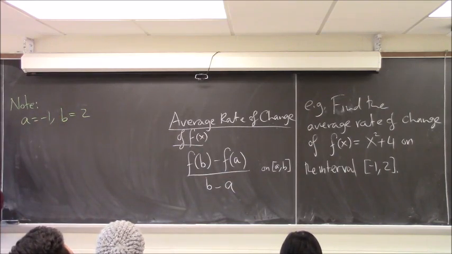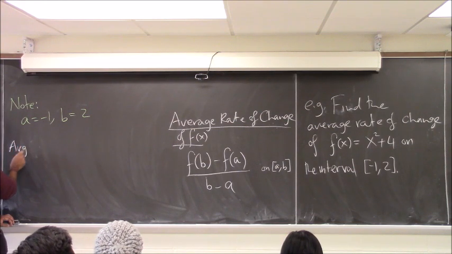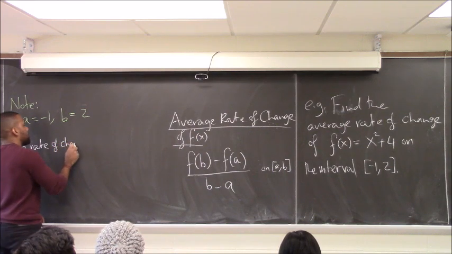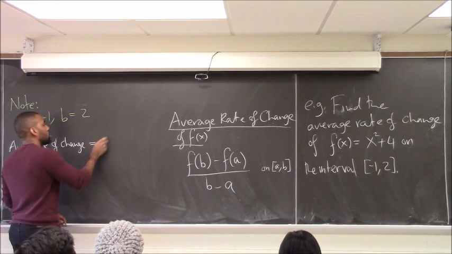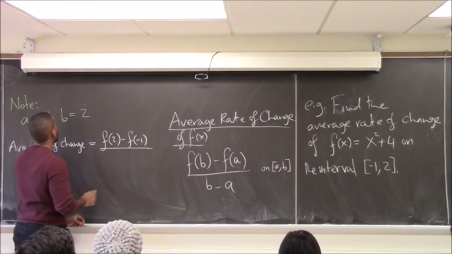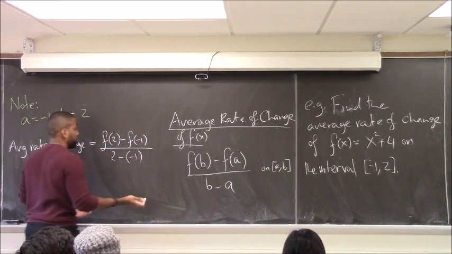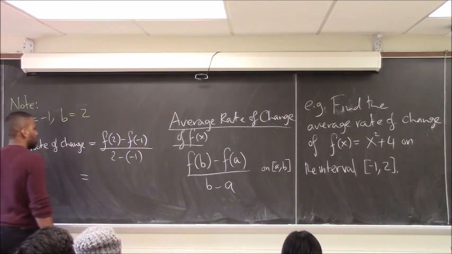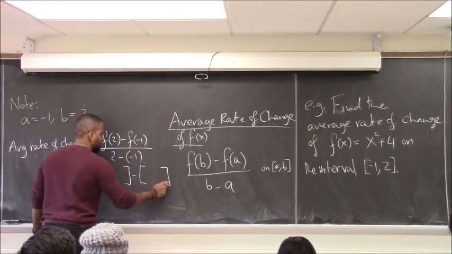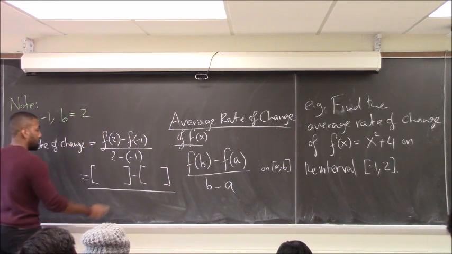And so now you're able to say the average rate of change is going to be equal to f of 2 minus f of -1 over 2 minus -1. That's it. And we're going to just plug in each of these one at a time. That's all over 3.